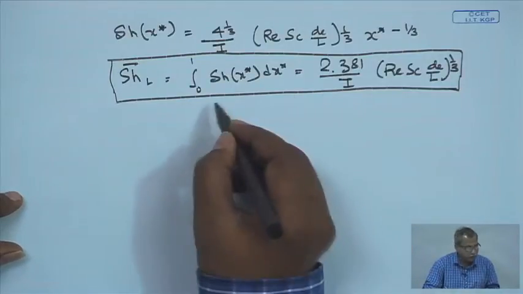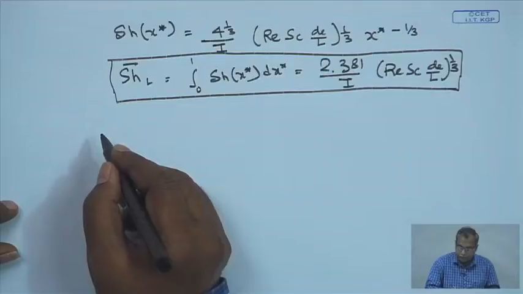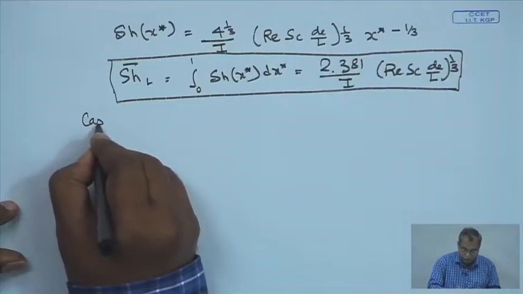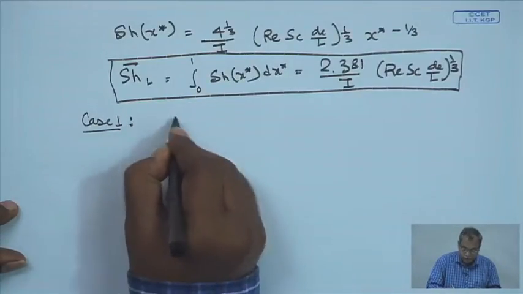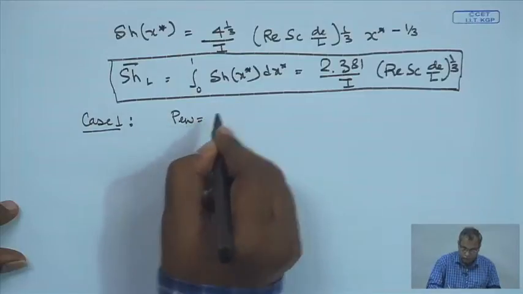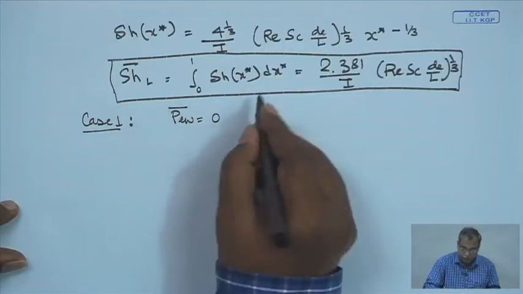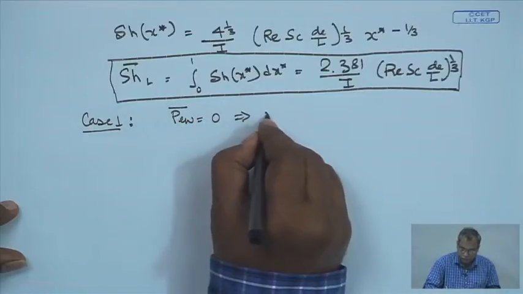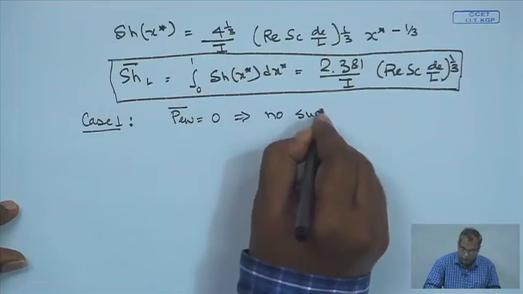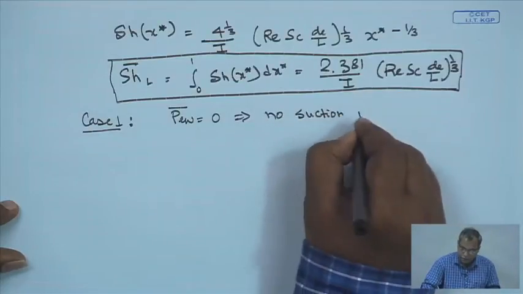Now, let us look into the various simplified cases. For case 1, Pw equal to 0, then Pw bar equal to 0, that means there is no suction and it is an impervious conduit.